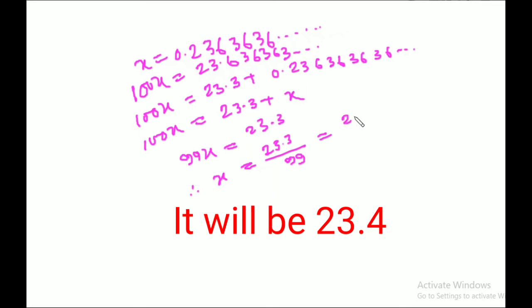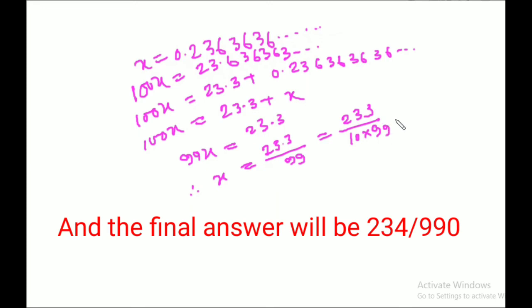You can write this like 23 by 10 into 99, or you can write this like 233 by 990. So this was also a very easy problem.